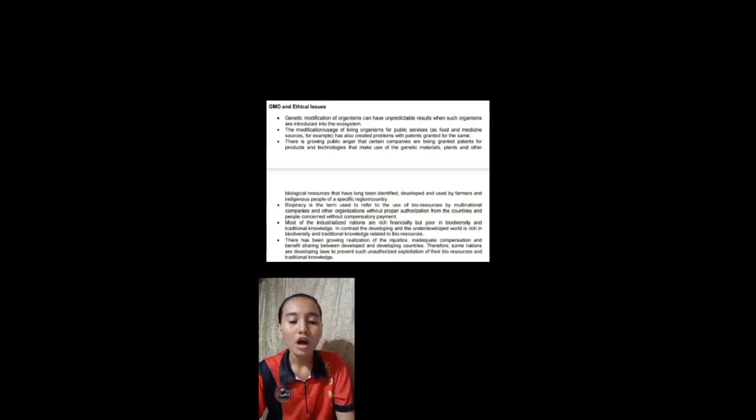Fifth, most of the industrialized nations are rich financially but poor in biodiversity and traditional knowledge. In contrast, the developing and underdeveloped world is rich in biodiversity and traditional knowledge related to bioresources.